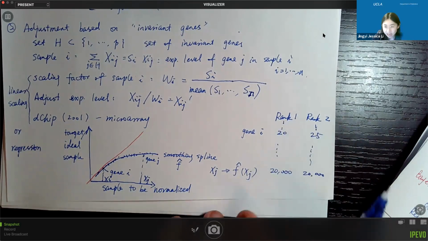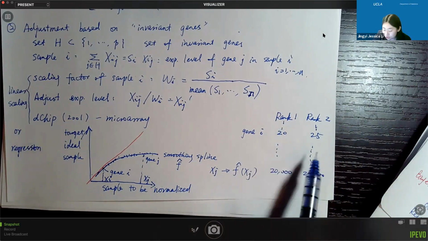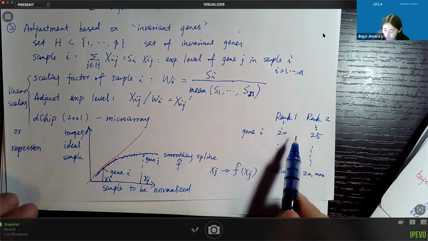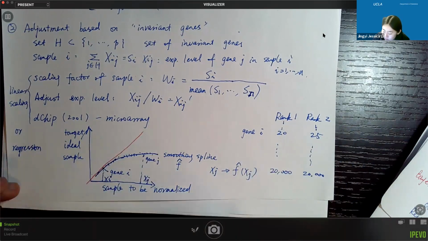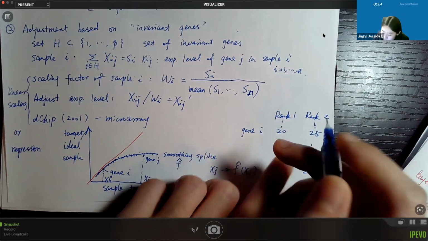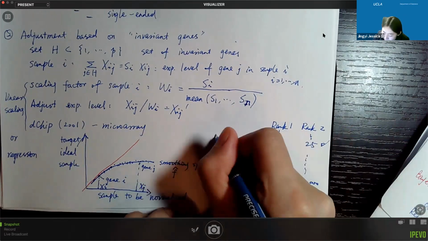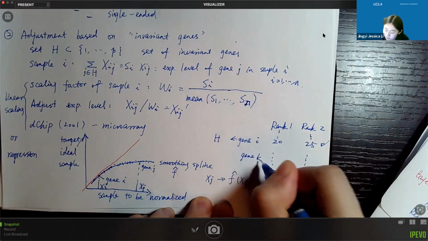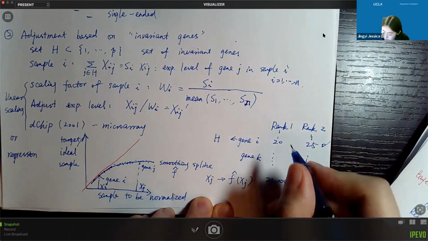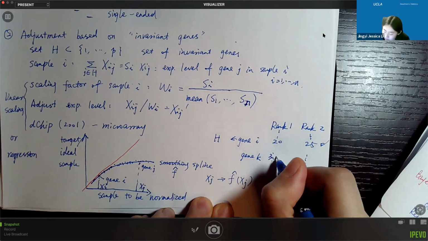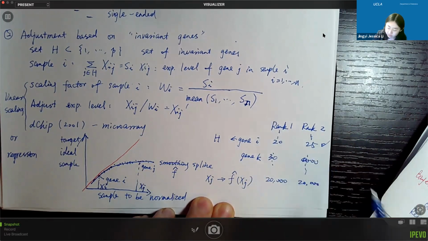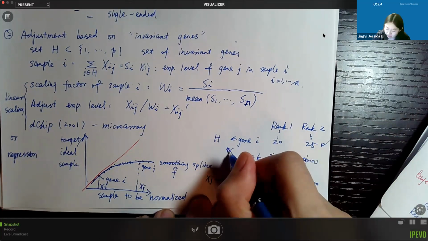So in that iterative procedure, we try to identify this gene as an invariant gene, and we put that gene into the invariant set. This looks good, so this gene will go to the set H. But if I have another gene K, whose rank in the first sample is 30 but whose rank in the second sample is 4,000, then this gene will not go to that set.